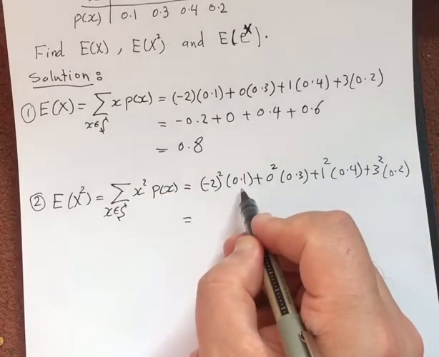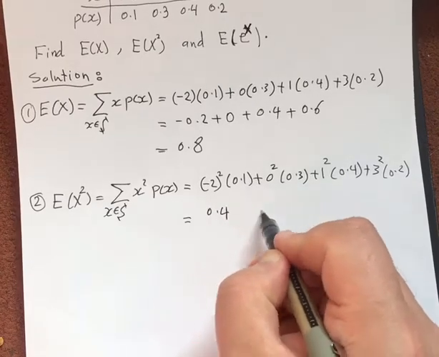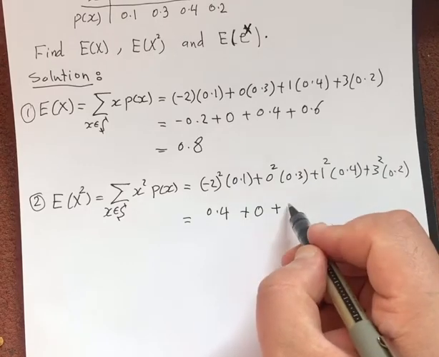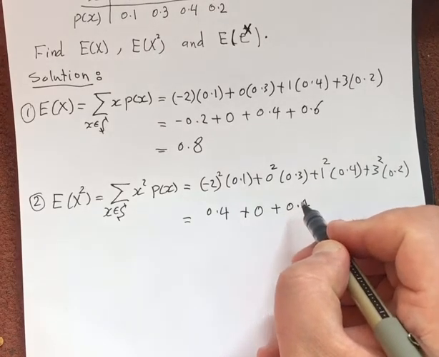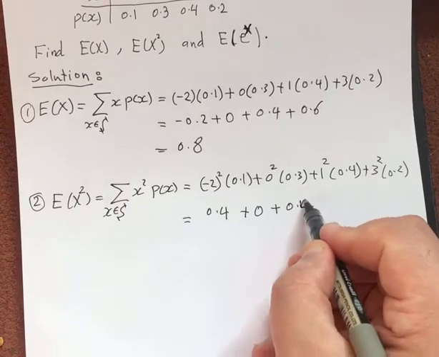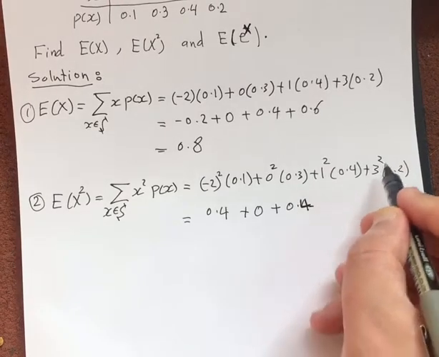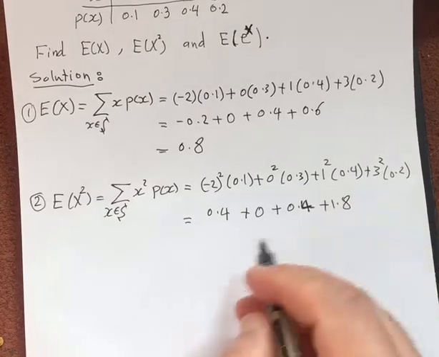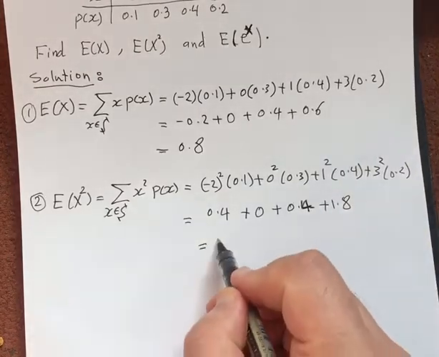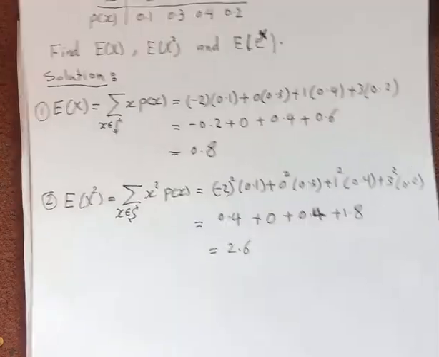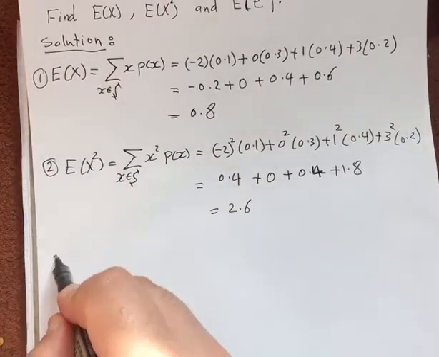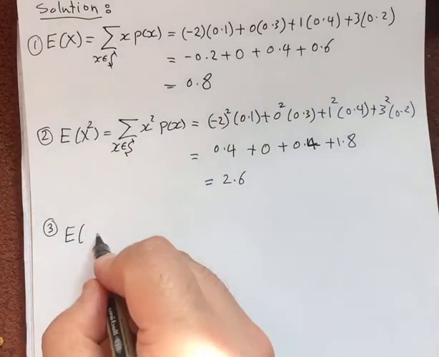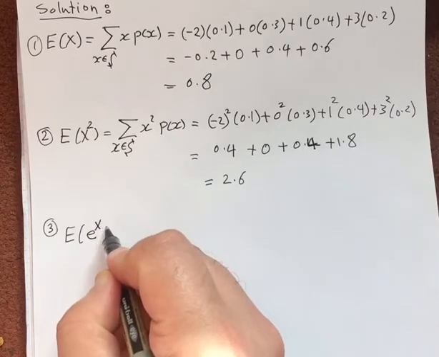So 4 times 0.1 is 0.4, 0 is 0, 1 times 0.4 is 0.4, and 9 times 0.2 is 1.8. So the answer will be 2.6.